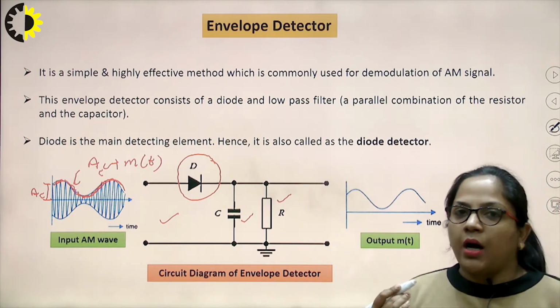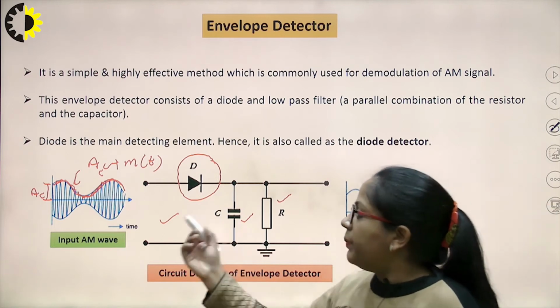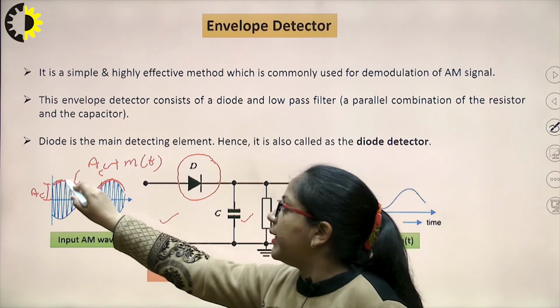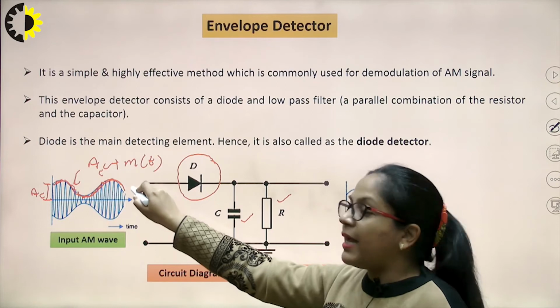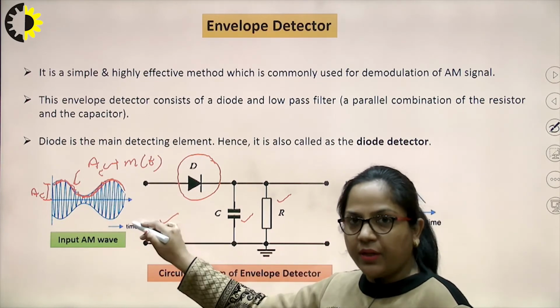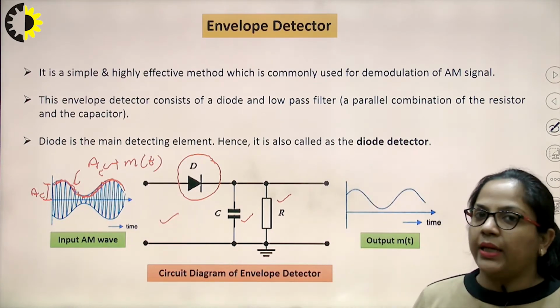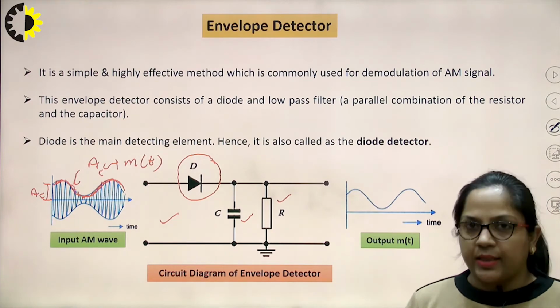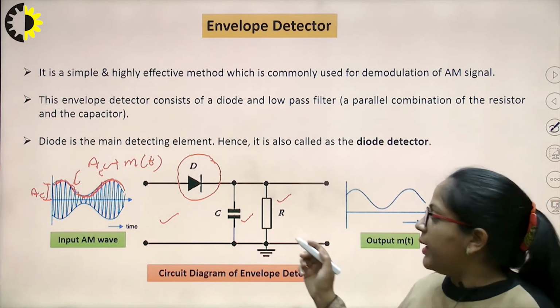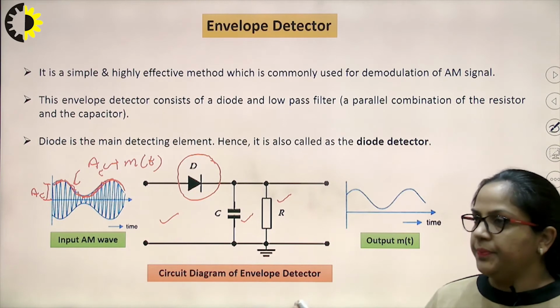So, if somehow we will be able to detect this shape or this envelope of this AM wave, then we will also be able to detect the message signal. So, what happens in this envelope detector?